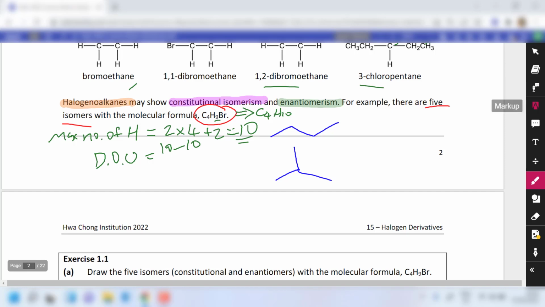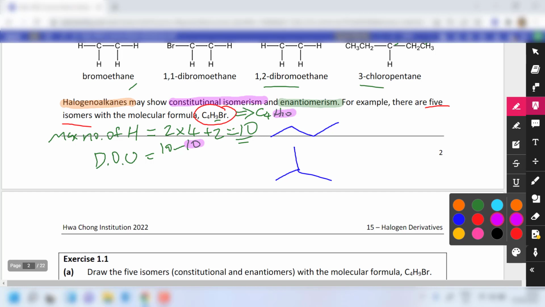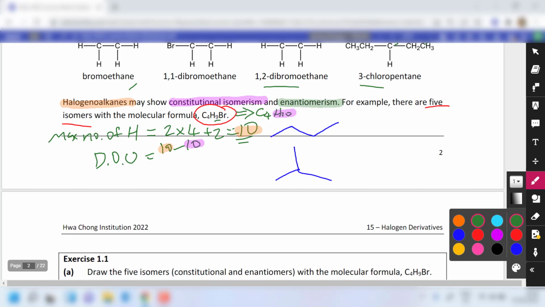Why is it 10 here? Because, remember earlier on, I mentioned that the Br, you can treat it like a H when you calculate the degree of unsaturation. So this is a 10. Then what about the other number? The other number is what we determine from the maximum number of H, as though it is an alkane, so it's 10. So 10 minus 10, divided by 2, is 0.